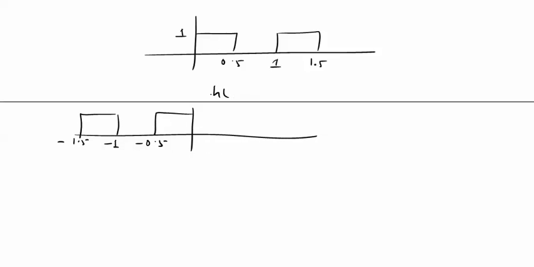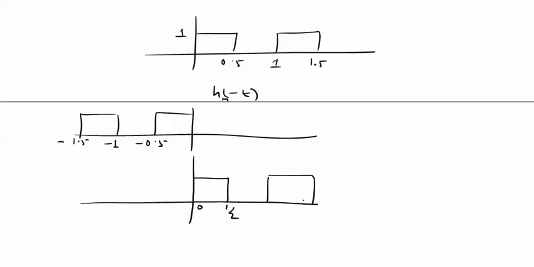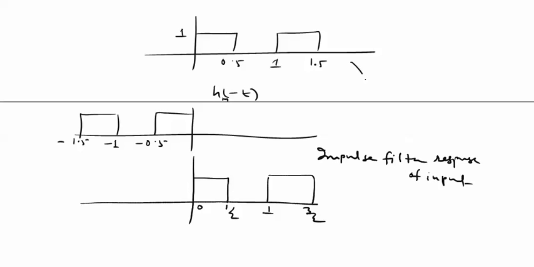This is called h of minus t. If we want the impulse response, it is shifted by 3 by 2. If I shift it by 3 by 2, it is half, again the same, 1 and 3 by 2. This is the match filter response of the input, if the input is this.